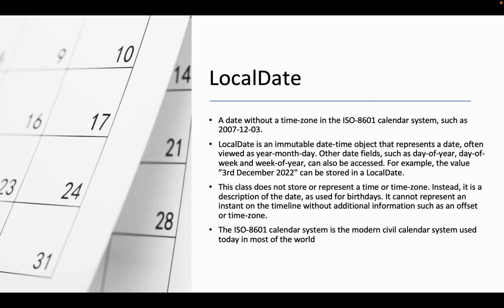For example, the value 30 December 2002 can be stored in a LocalDate. However, it is important to note that the class does not store or represent time or time zone. Instead, it is a description of the date as used for birthdays. It cannot represent an instant on the timeline without additional information such as offset or time zone. So the ISO 8601 calendar system is a modern civil calendar system used today in most of the world.